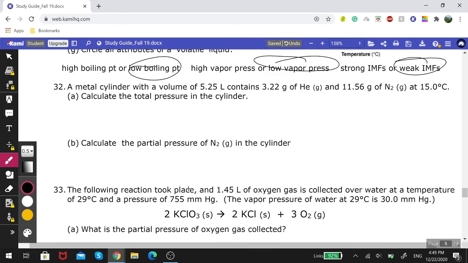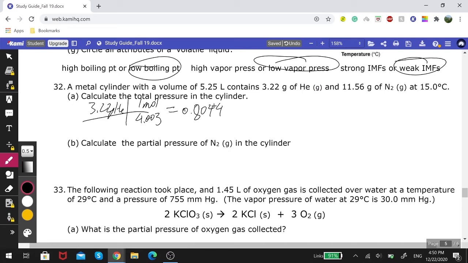Now, a metallic cylinder with volume of 5.25 liters contains this much of this. Calculate the total pressure. So we first got to convert everything into moles, right? We have 3.22 grams of He. 1 mole of He is 4.003 grams, and that equals 0.8044.